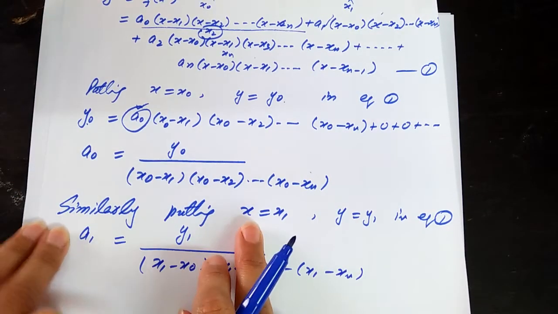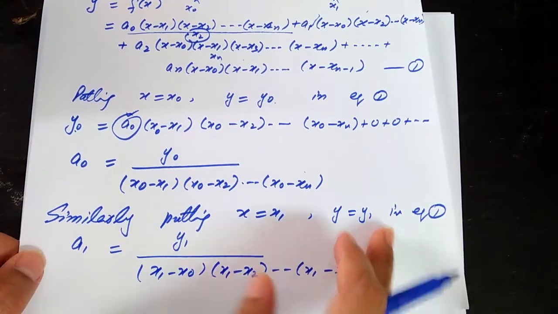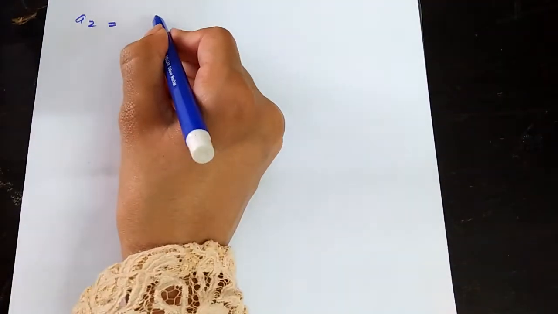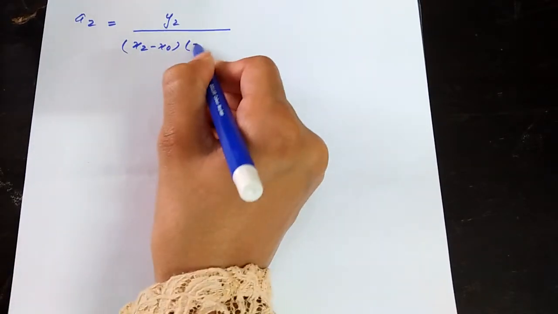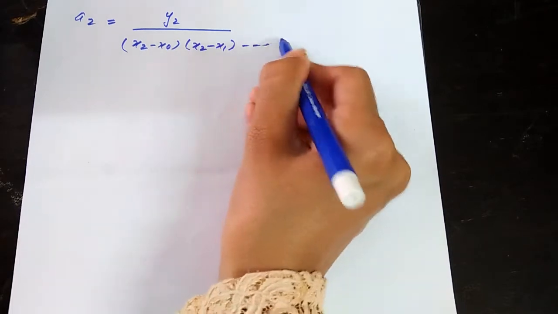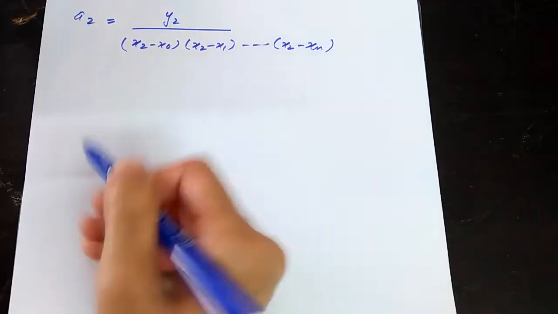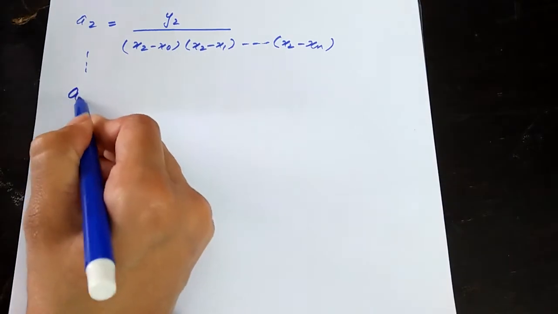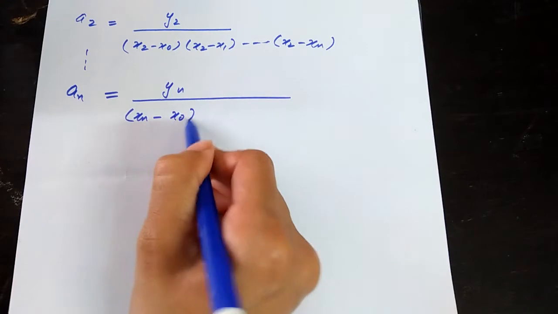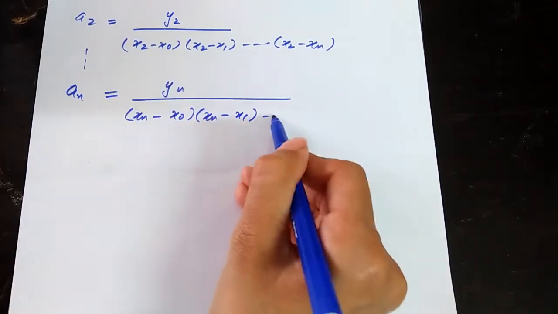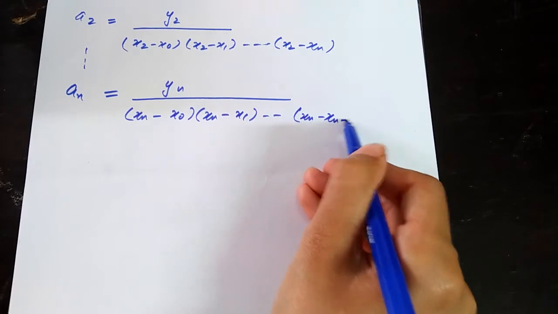Similarly, you put x equals x2 and y equals y2 in equation number 1, and we get a2 equals y2 over (x2 minus x0)(x2 minus x1) up to (x2 minus xn), up to an, which will be equal to yn over (xn minus x0)(xn minus x1) up to (xn minus xn minus 1).